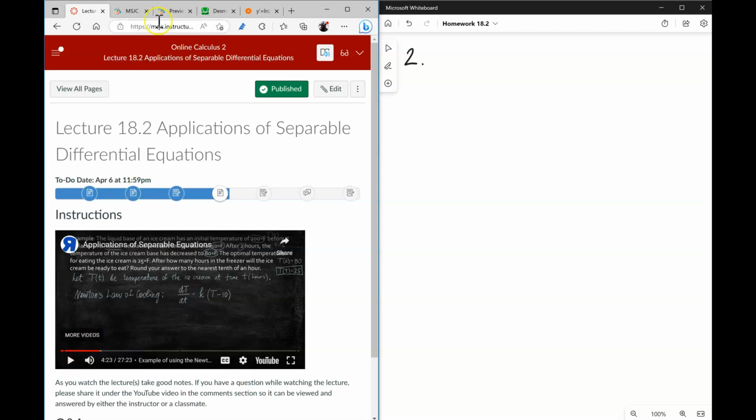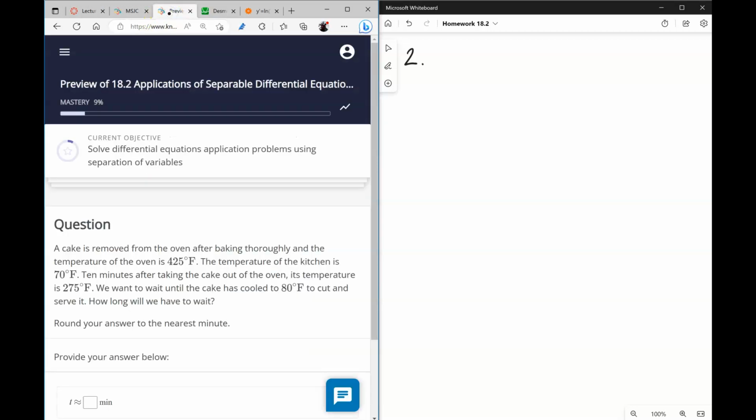Pretty much if we let T be the temperature of whatever we're pulling out of the oven here, then let's read it. So a cake is removed, so that means at 0 the temperature is 425 degrees.